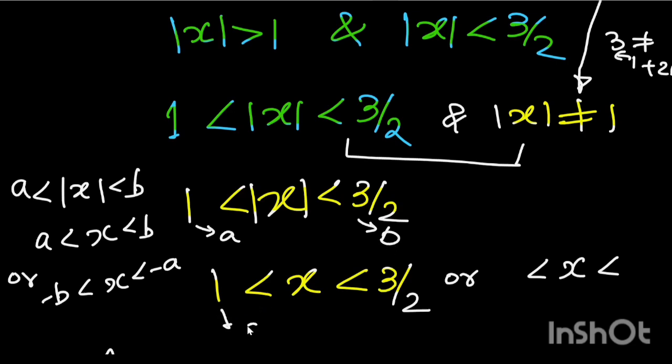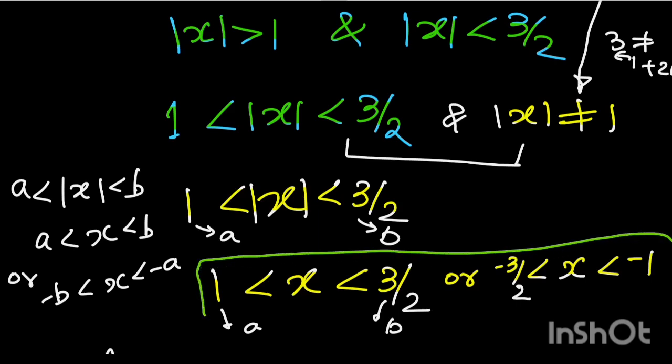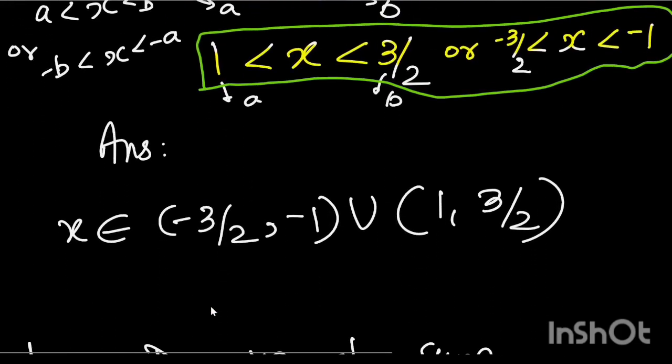So this is a to b. Minus b means minus 3 by 2 to minus 1. That would be the answer, guys. This is the domain, which we can write in the interval form like this.